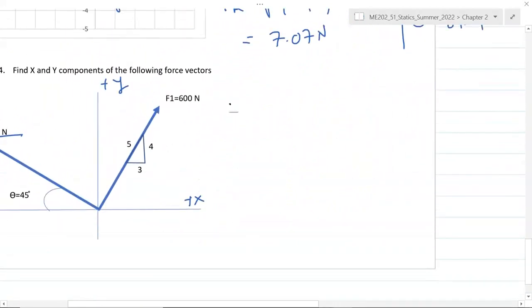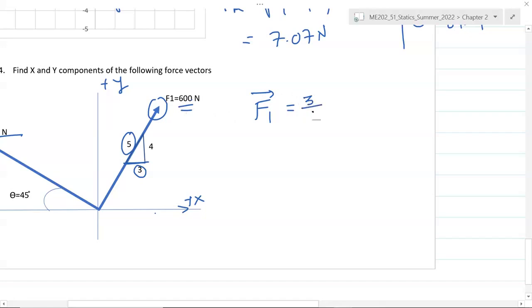So let's write down F1. 600 newtons is the magnitude, but it's in this direction. How much of the 600 newtons is responsible for the x-axis, or what is the x projection of 600 newtons? This is a really easy method for the triangle: the x-axis is parallel to this side of the triangle, which has the magnitude 3. You simply divide 3 by the longest side of the triangle, which is 5, and multiply this with the magnitude.